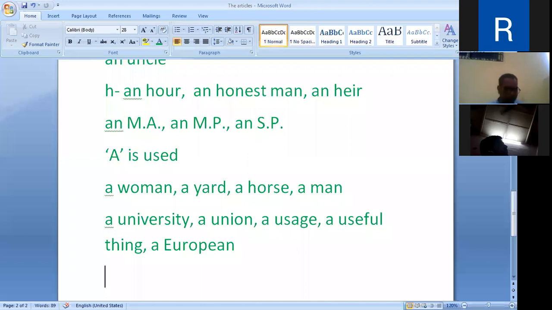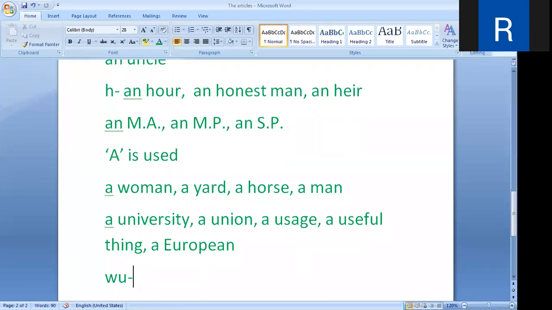For example, now W-U. A is used before this sound W-U.